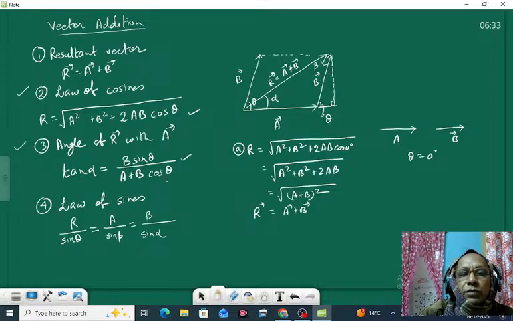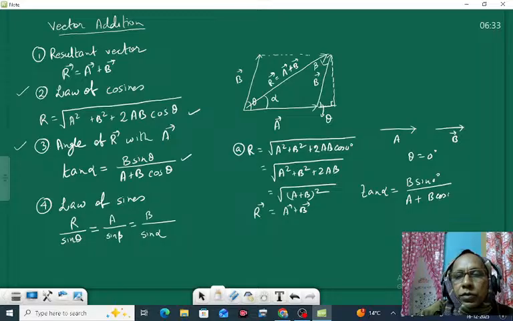And according to this, if you want to find the angle, the direction, tan alpha is equal to B sin 0 degree divided by A plus B cos 0 degree. B sin 0 is 0, so it is 0 divided by A plus B, since cos 0 is 1, and that is given as 0.